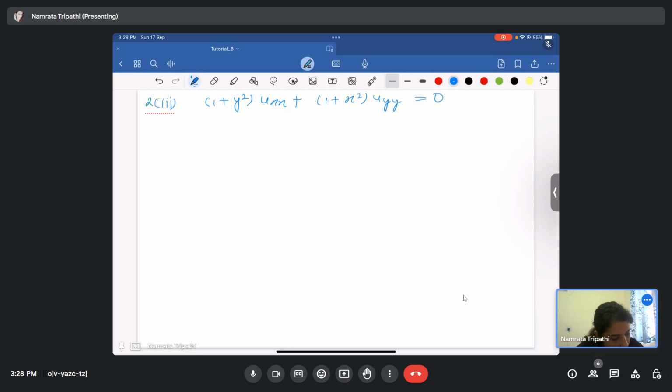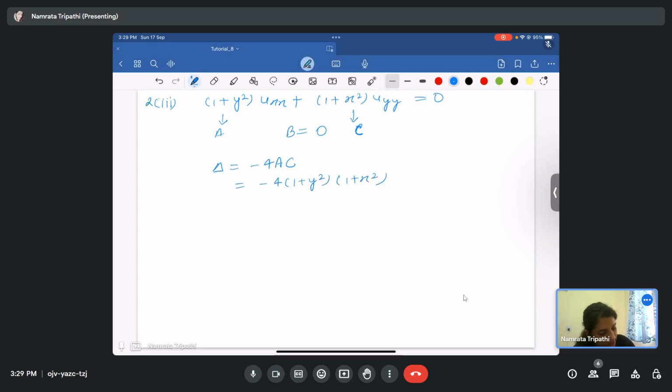Here you can see b is 0. This is a, this is c. What is the value of delta? b square minus 4ac, which is minus 4 (1 plus y square)(1 plus x square). Fine.